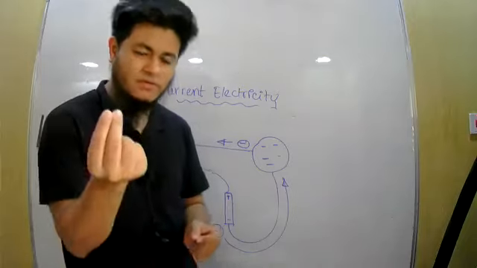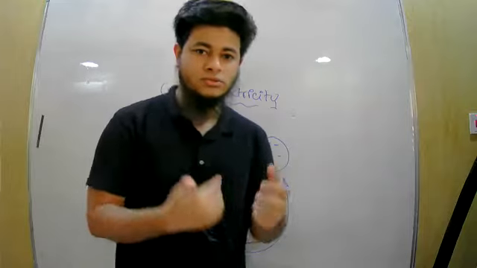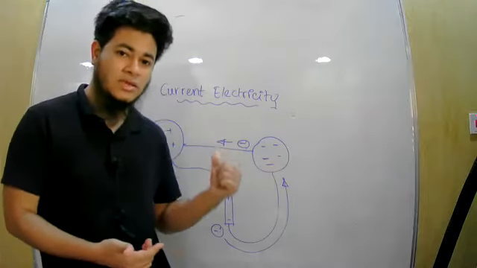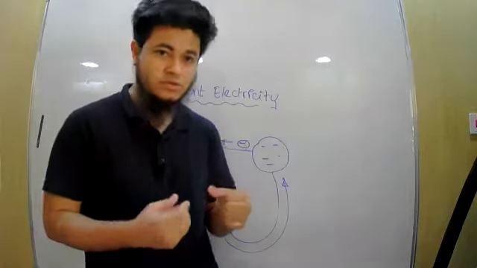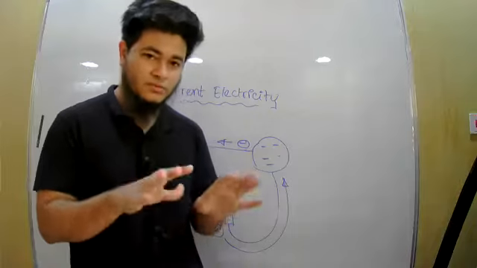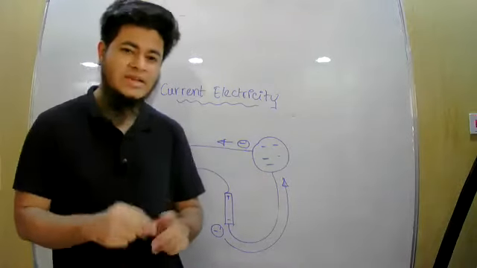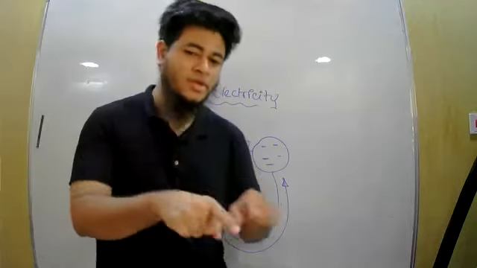But there is a little bit of resistance in a semiconductor. That is why it is flowing, but not to that great amount that it was flowing in the conductor. But there is flow. But in an insulator, the resistance is very high so that the electron is not able to pass through.